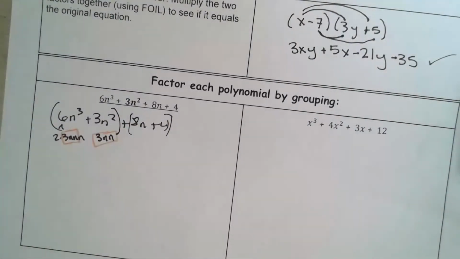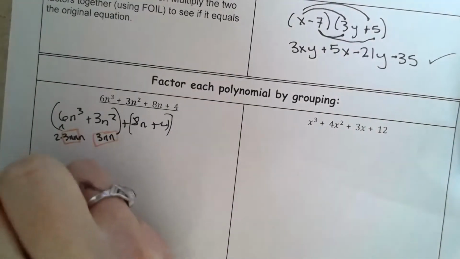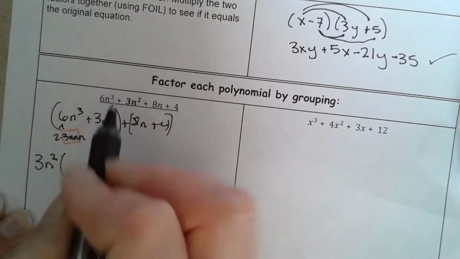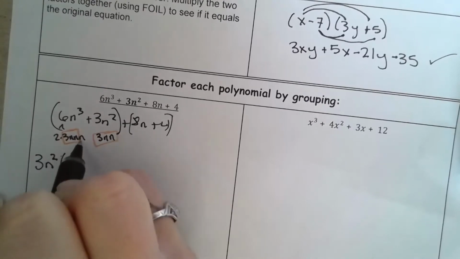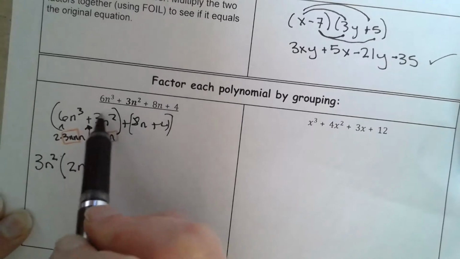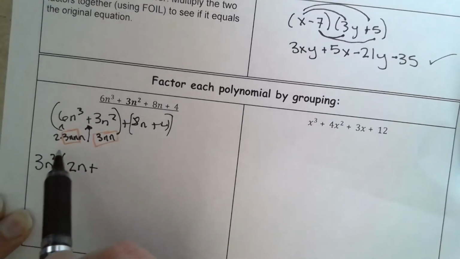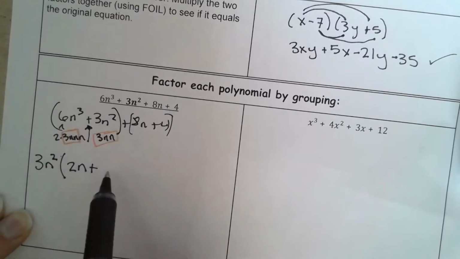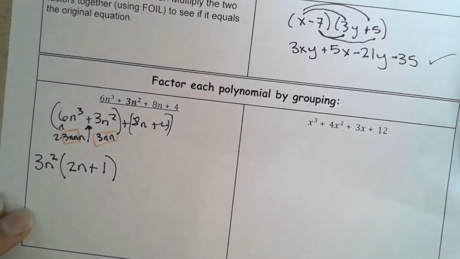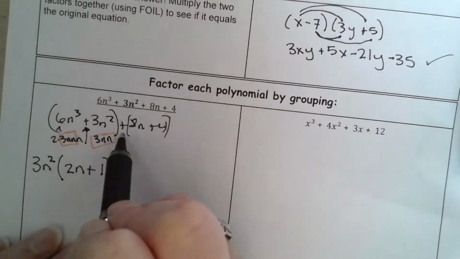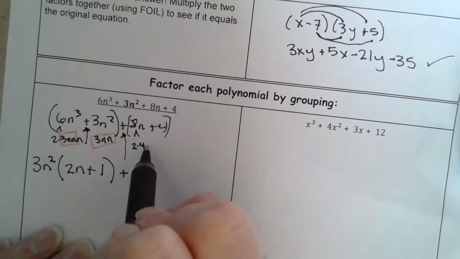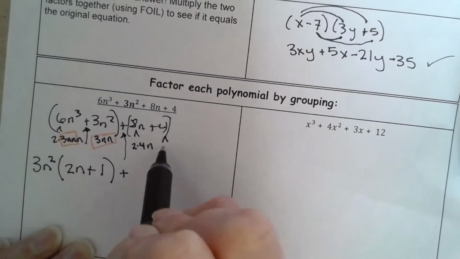So the 3 and 2 n's, or 3n squared, come out. What's left? A 2, an n, a plus, and if I was to distribute this in, I would need a 1 here, because 3n squared times 1 is 3n squared.